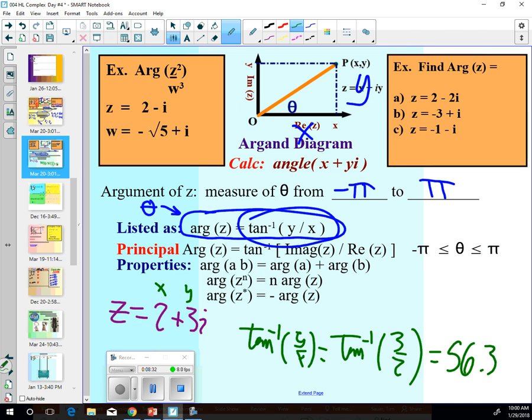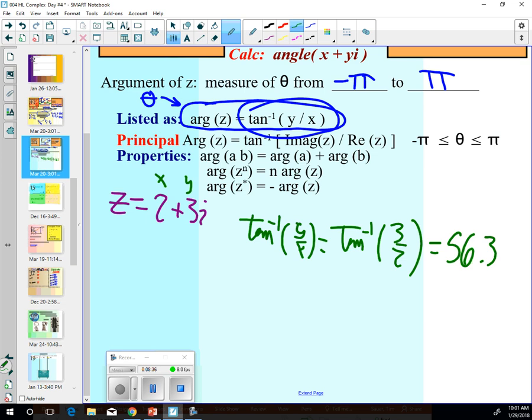56.3. Now, if you want to change it into radians, I would just multiply by pi over 180. So take that answer times pi and divide it by 180. I think this is the best way to get these answers as opposed to leaving it in radians and you don't have a clue of what your answer means.